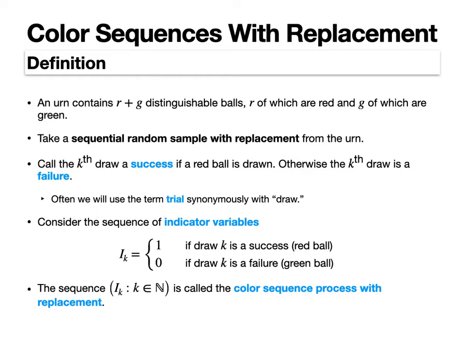And the ordered sequence of I sub k, so the sequence I1, I2, I3, is called a color sequence process with replacement. So think about what a sequence like that would look like. It'd be a sequence of zeros and ones, right? The zeros would indicate trials in which a green ball was drawn, and the 1 would indicate a trial where a red ball was drawn.